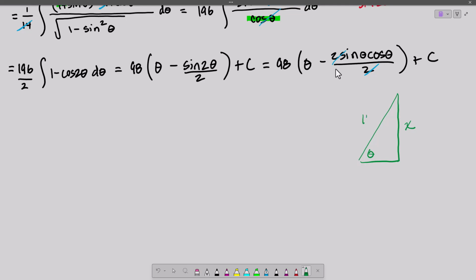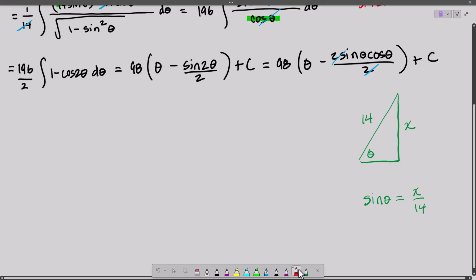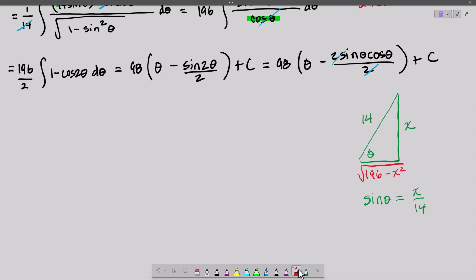So we want to label 2 of the sides so that that equation is true. So sine of theta is x divided by 14. All right, that's true. And now we want to fill in the missing side, which is done using the Pythagorean theorem. So that's going to be 196 minus x squared inside the parentheses here.